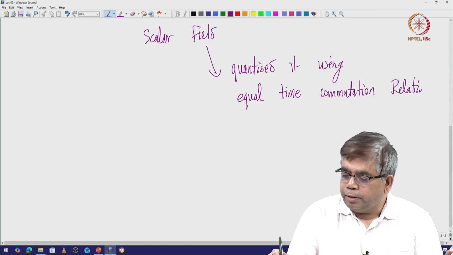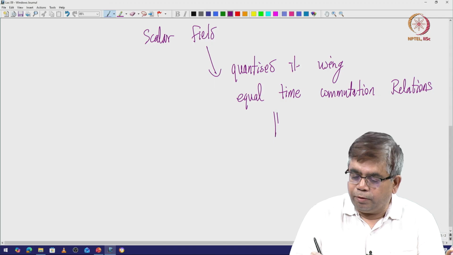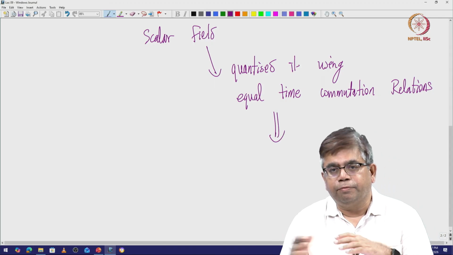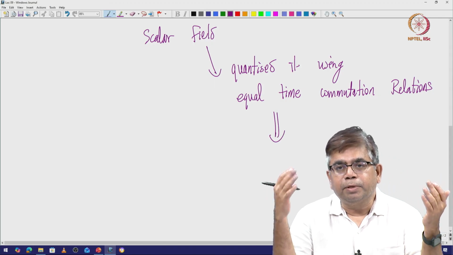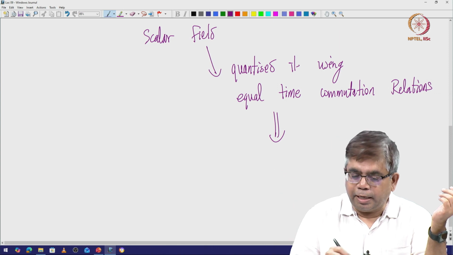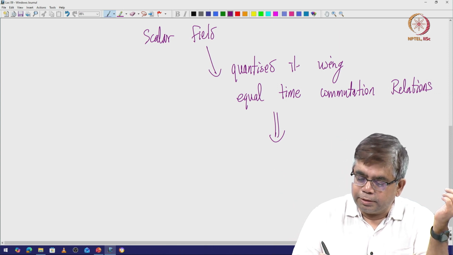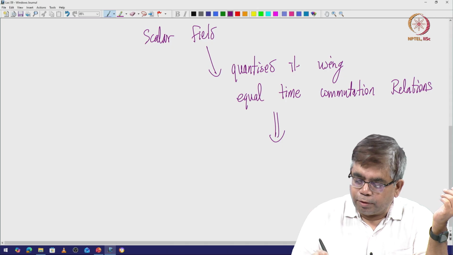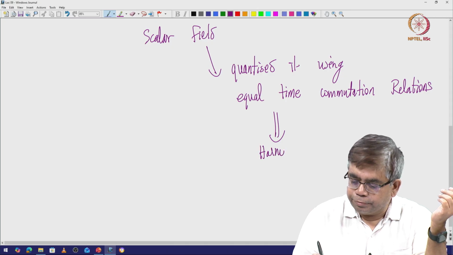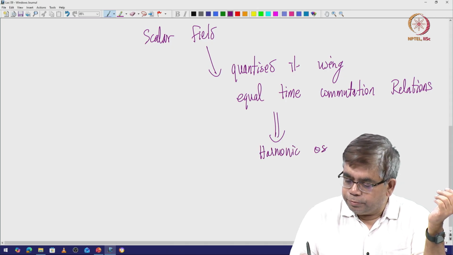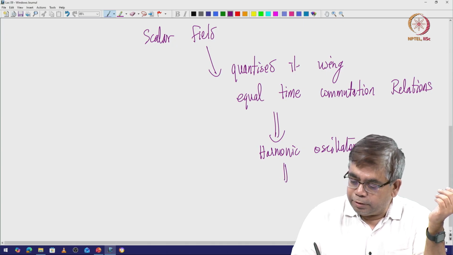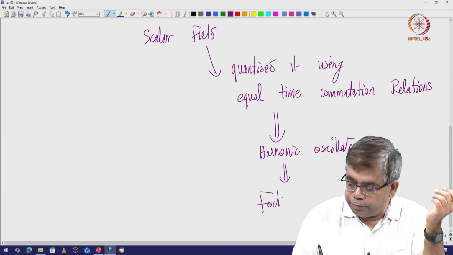Okay, and then we got the particle picture, because once we impose the equal time commutation relations, we see that the scalar field is quantized in terms of harmonic oscillators, and these harmonic oscillators lead to the Fock space.